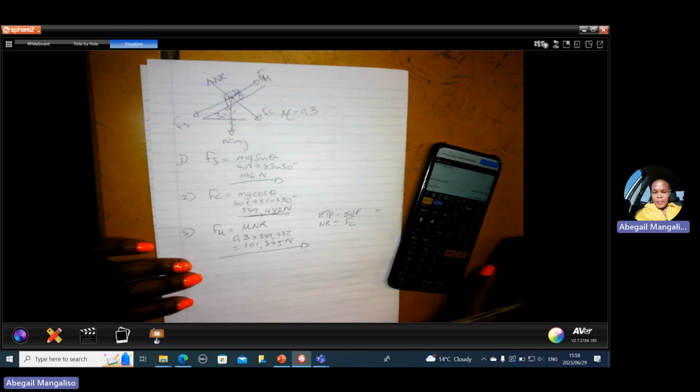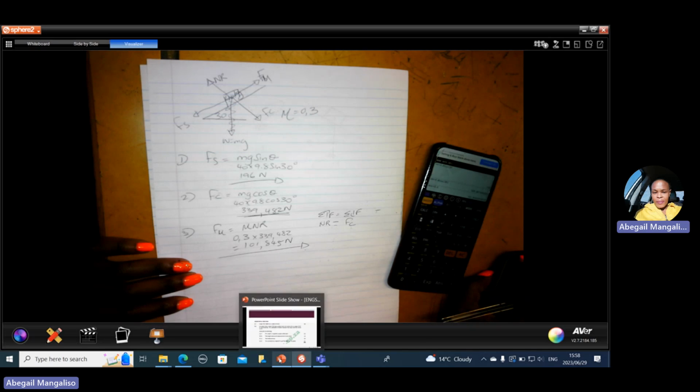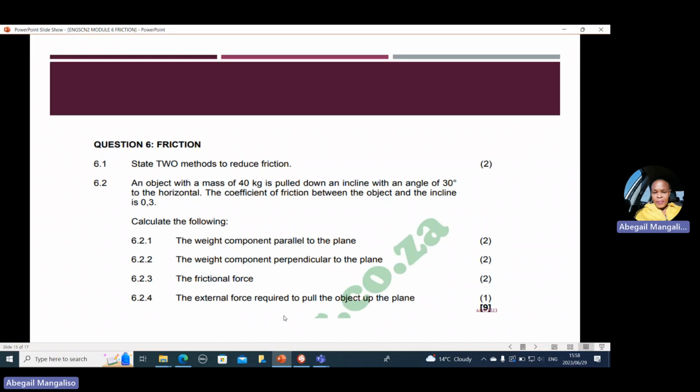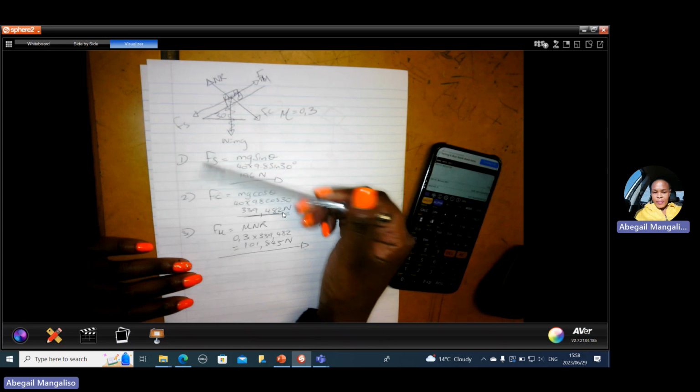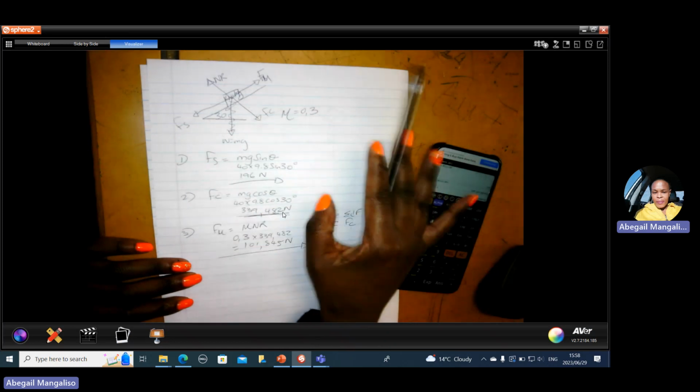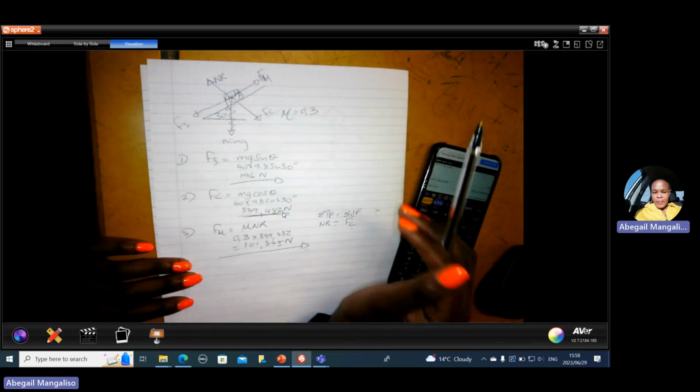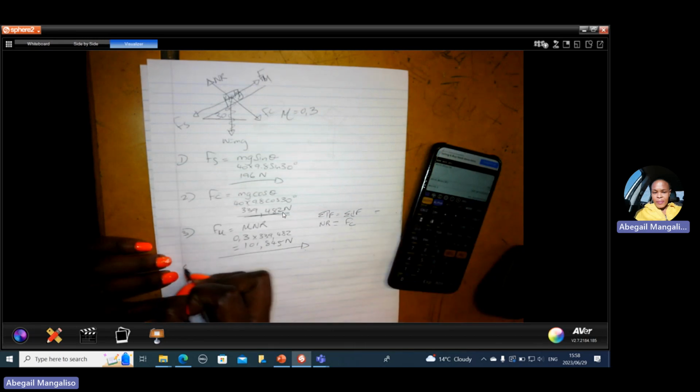The last question says calculate the external force that is required to pull the object up the plane. To answer 1, 2, 3, there was no external force involved, but the last question involves the external force.